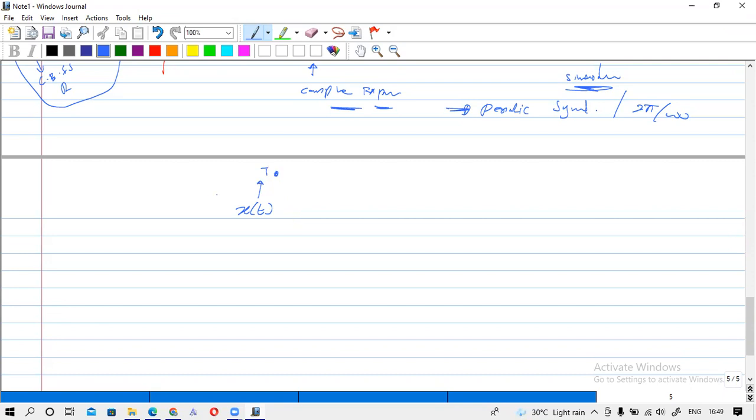And this can be represented as a sum of complex exponential signals like this. This k will be an integer value, going from minus infinity to plus infinity.